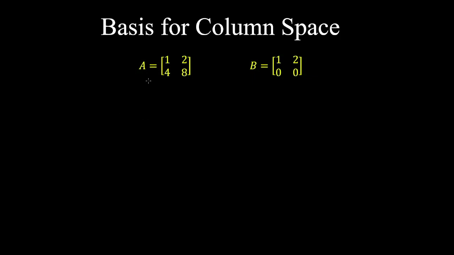As we saw, doing elementary row operations on A alters the column space. So for example, where B is obtained by subtracting 4 by row 1 from row 2, the row space and null space of both matrices is the same as we showed previously, but the column space is no longer the same.